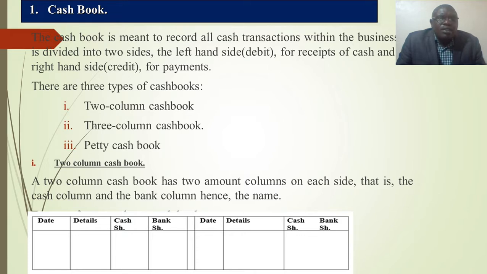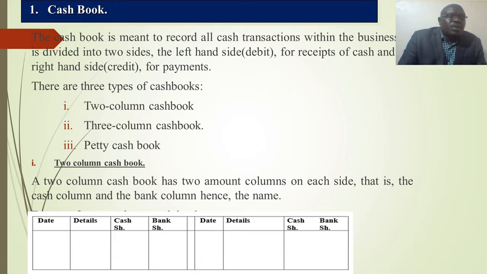Because in this kind of cash book we have two amount columns, it is given the name 2-column cash book. So the 2-column cash book gets its name from the fact that it has two amount columns on either side of the cash book.